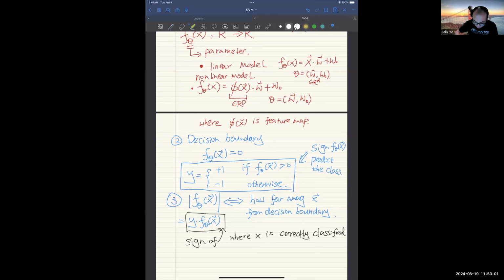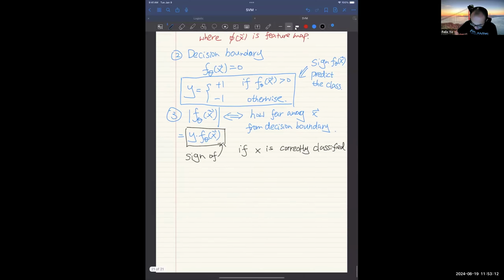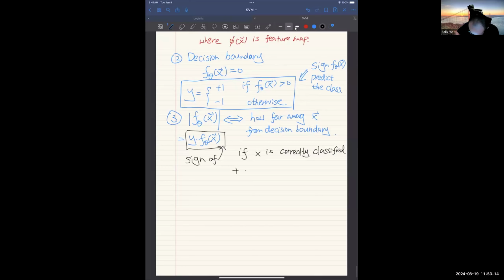So the sign of this thing tells you whether x is correctly classified or not: if it is a plus sign, it is correct; if it is a minus sign, it is wrong.